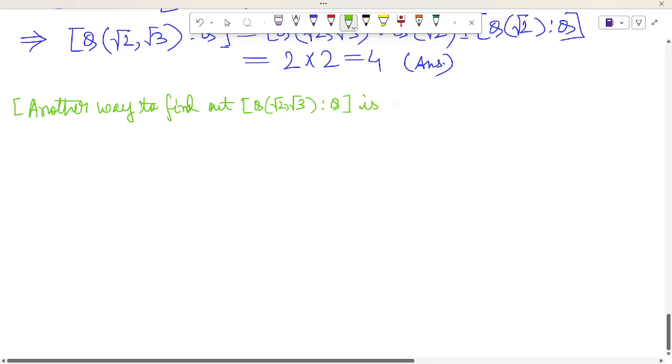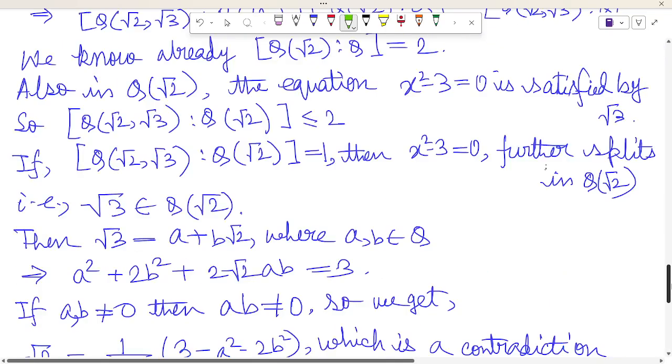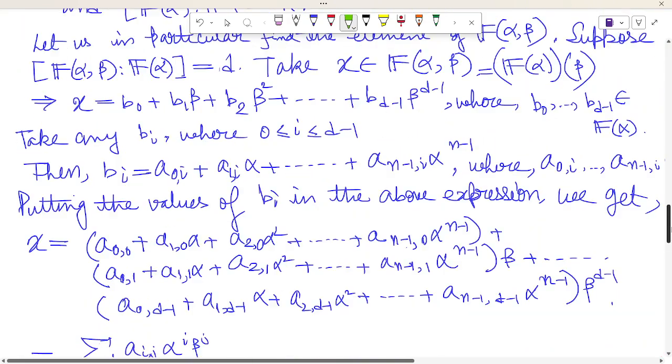If you take x equal to this, it will be of the form a plus b root 2 plus c root 3 plus d root 6. That I wrote here. That comes from this thing.